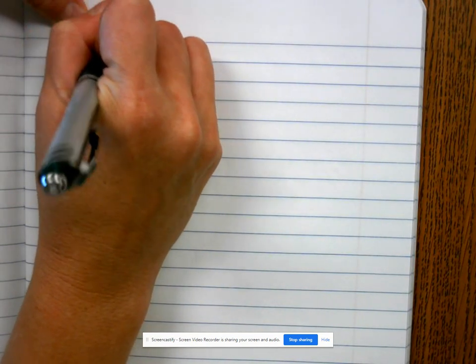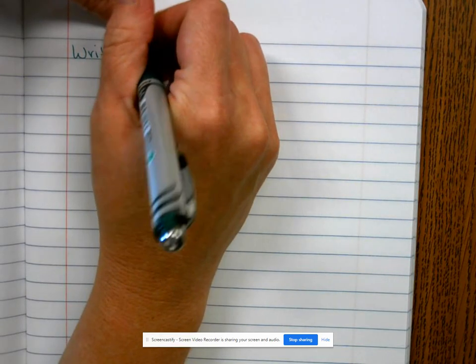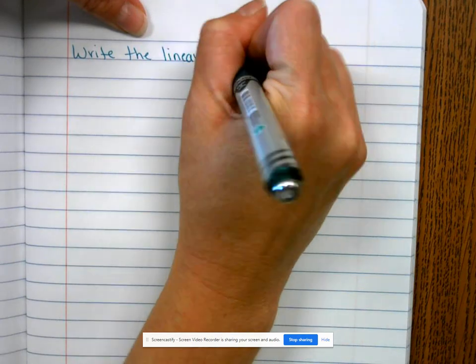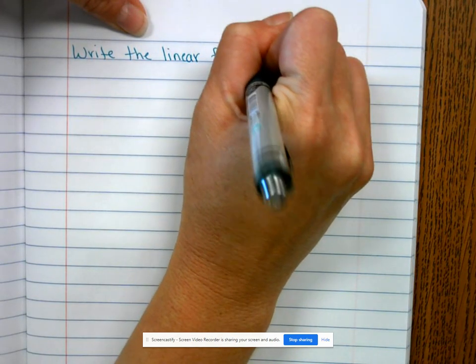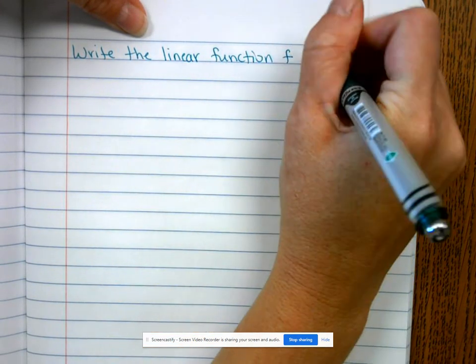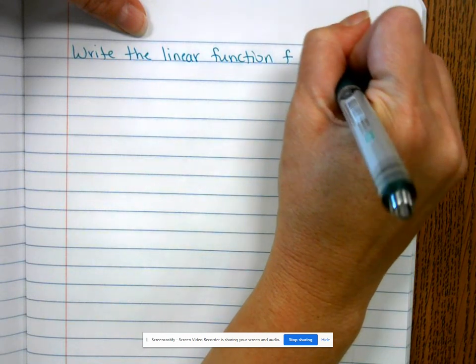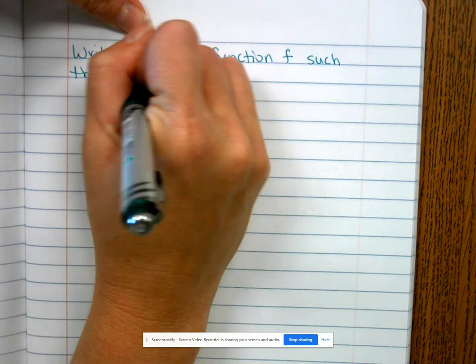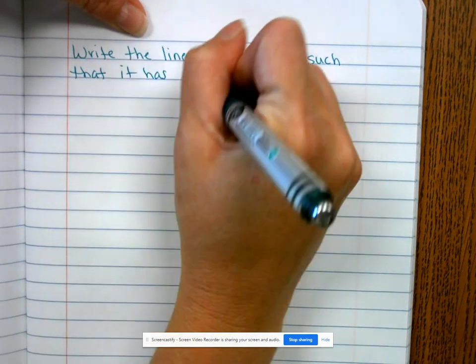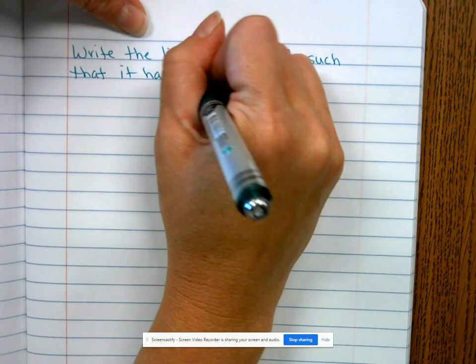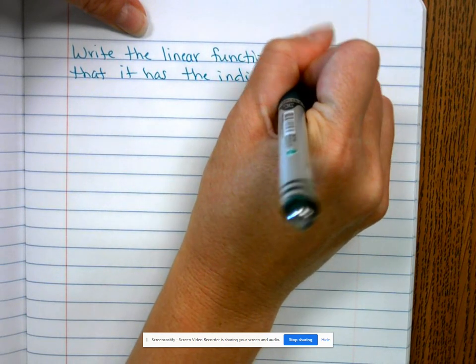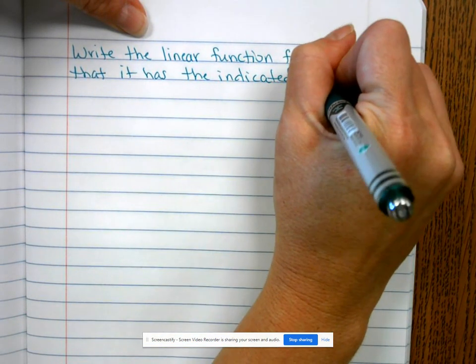We want to write the linear function f such that that function has the indicated function values.